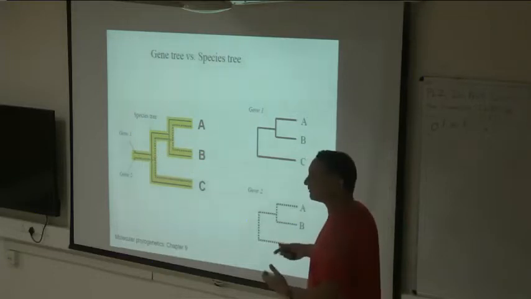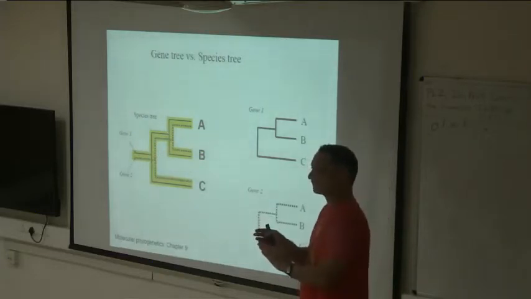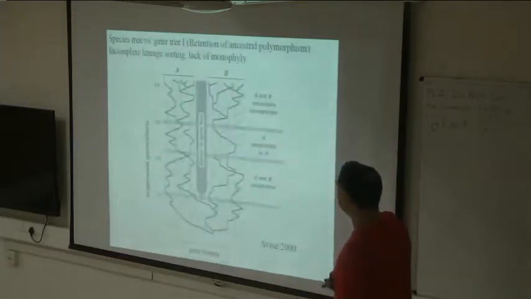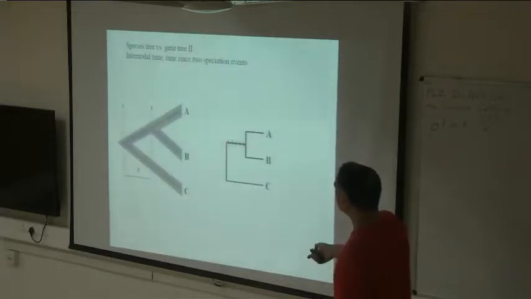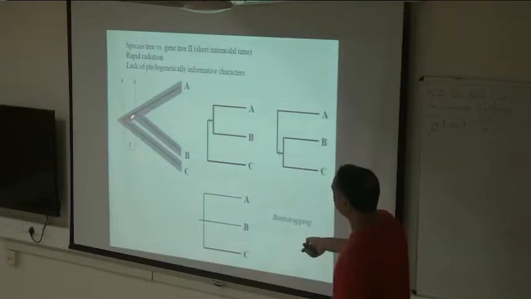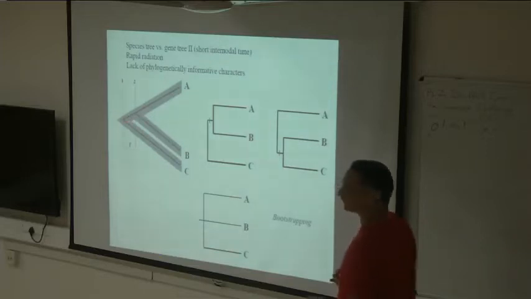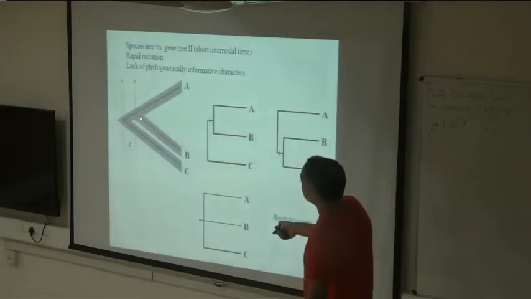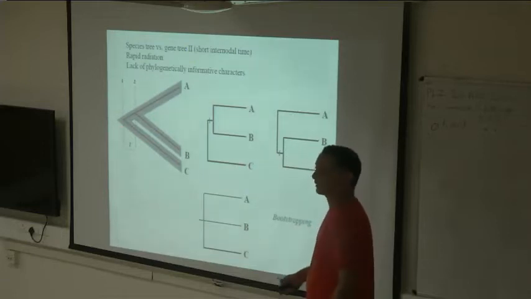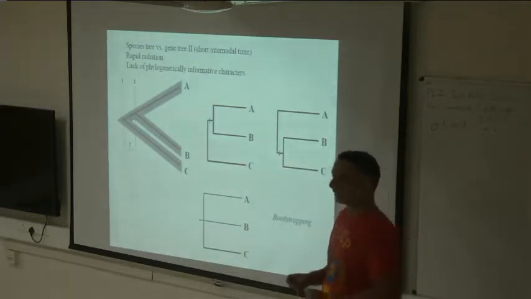Yeah, when these two speciation events are very close, that's when you have this situation of getting two different topologies, because you have a lot of variation here, and basically the gene genealogies are telling us how those variants are related to each other, right?